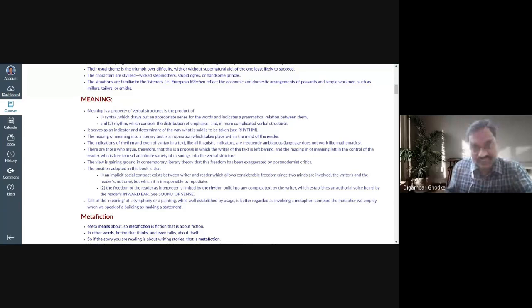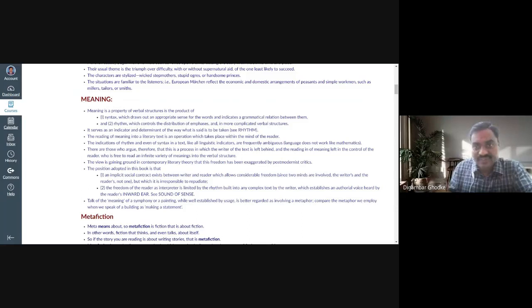Barthes wrote an essay named Death of the Author. Once the author writes a poem, his job is over, and the meaning comes in the control of the reader. And the reader is free to read an infinite variety of meanings into that verbal structure. Verbal structure means a language structure. And this view is gaining ground in contemporary literary theory.